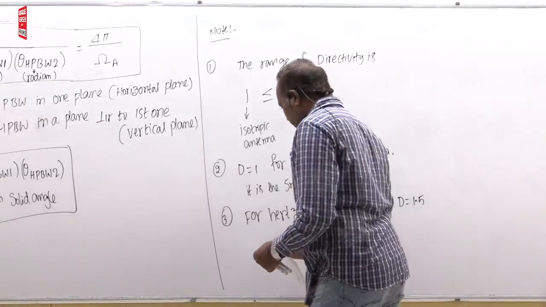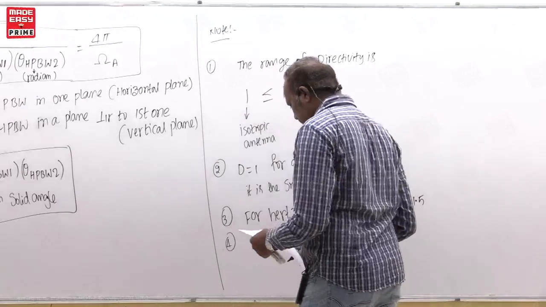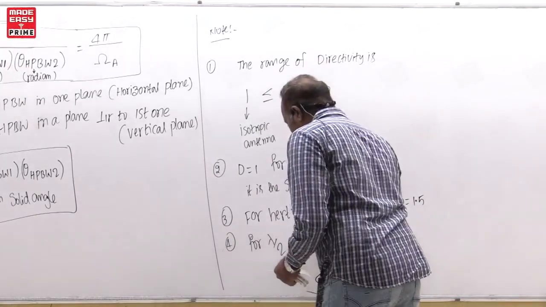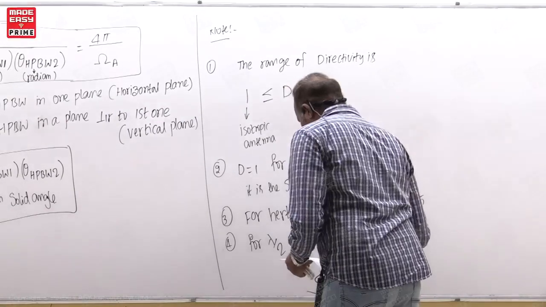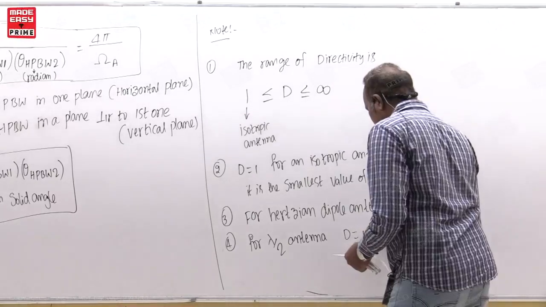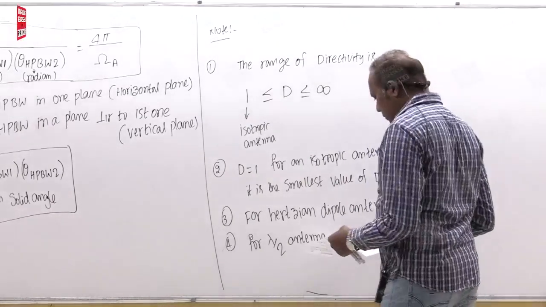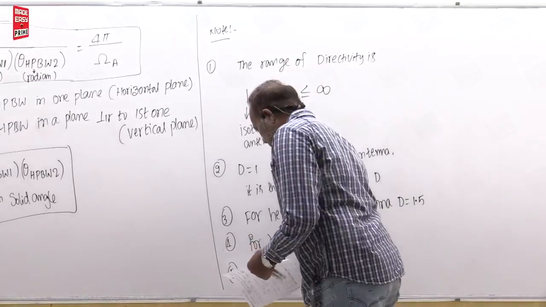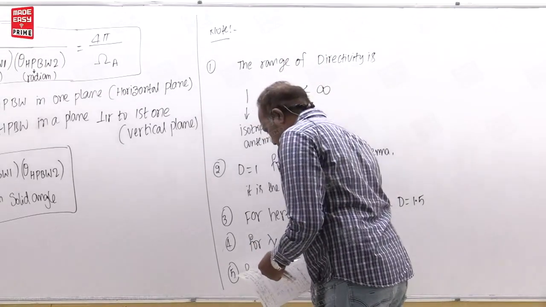Next, fourth one, for lambda by 2 antenna, directivity is equal to 1.64. Okay. Then these are all standard questions, student.